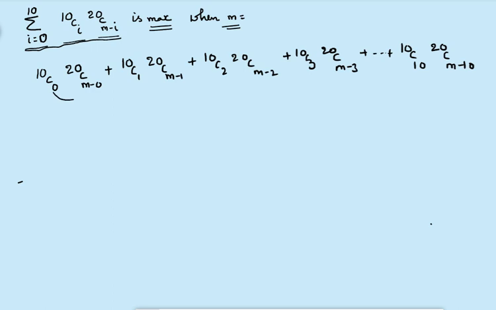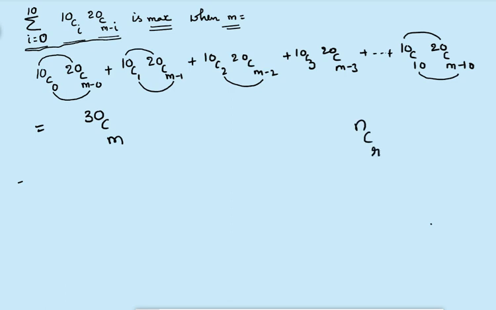Observe here, this sum is equal to m. Here also the sum is equal to m, whereas this sum is 30. Here also the sum is 30. Here the sum is m. That's why this total we can write as 30cm.